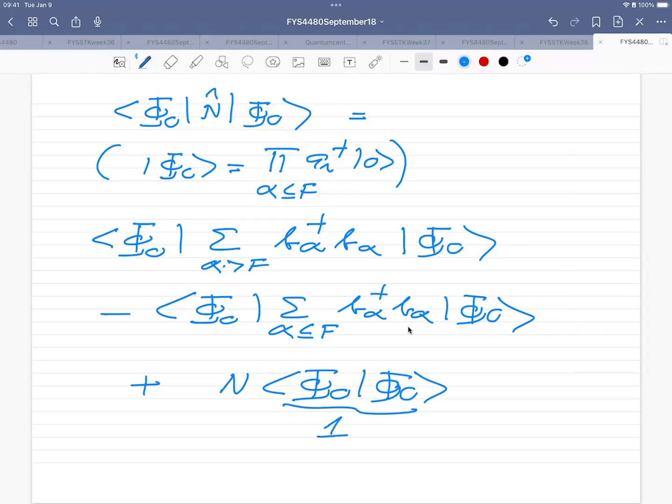It's just a constant. And you see now that these states here, alpha, they are above the Fermi level. So they're not contained in here. So when this tries to destroy a state which is not included here, this is automatically equal to 0.